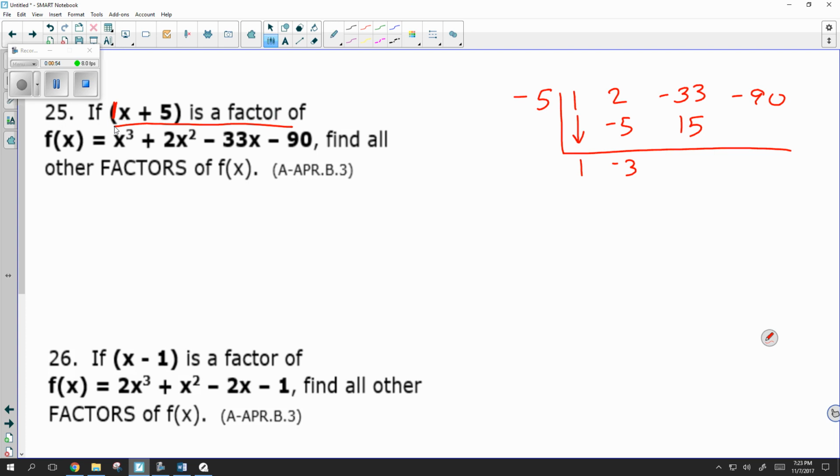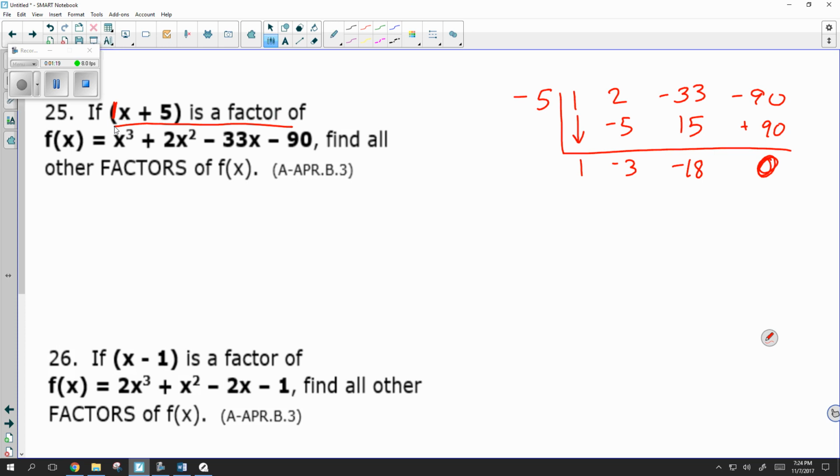We're going to combine that. And then multiply. And then that should be a 0, because that's what they said at the beginning. It's a factor, so that means it should divide.